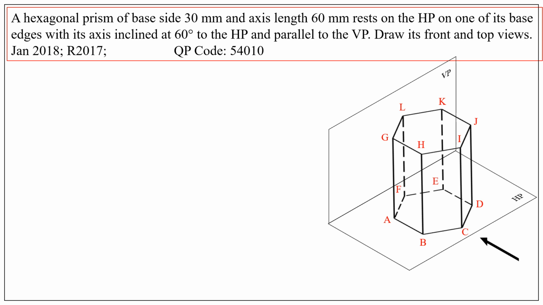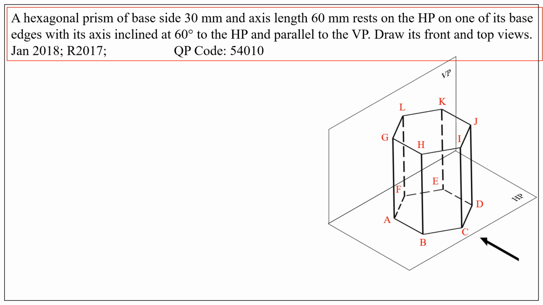From the problem statement, we understand that neither the front view nor the top view can be drawn directly for the given position. Therefore, we assume the solid is initially resting with its base on the HP as shown in the figure.